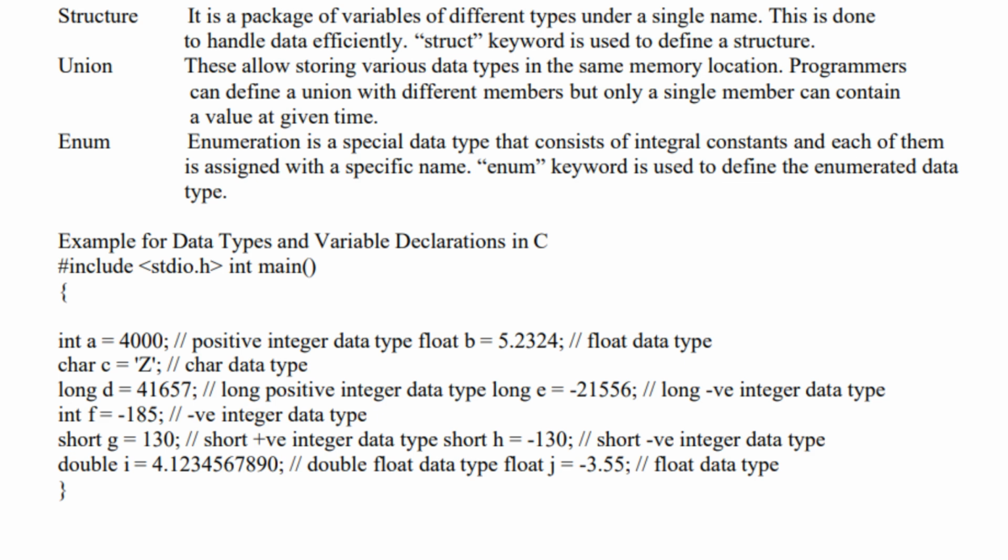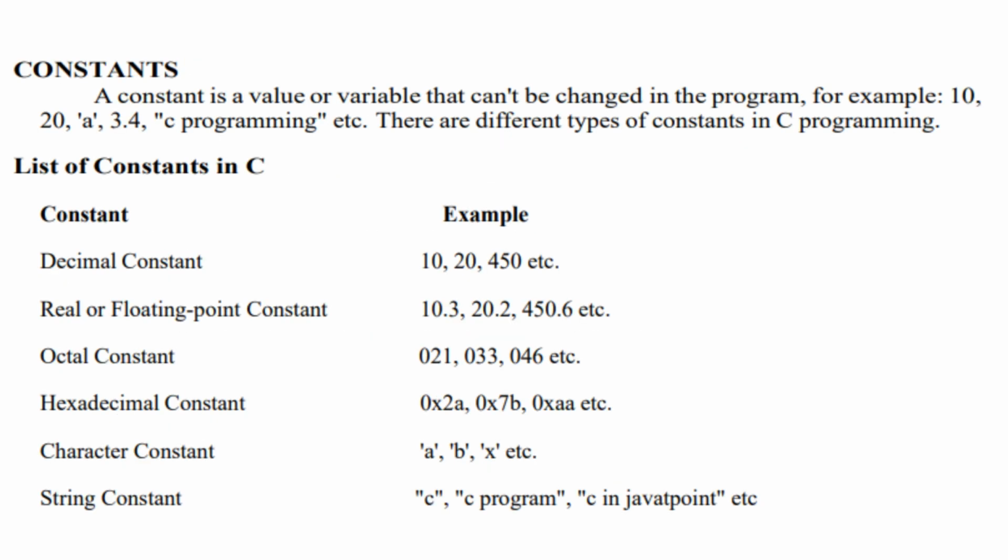These allow storing various data types in the same memory location. Programmers can define a union with different members, but only a single member can contain a value at a given time. Enum. Enumeration is a special data type that consists of integral constants, and each of them is assigned a specific name. The enum keyword is used to define the enumerated data type.